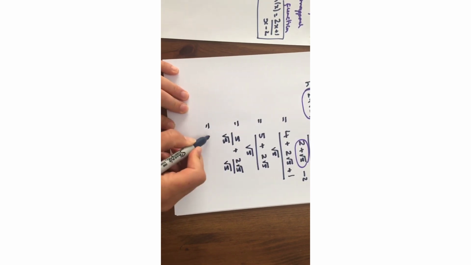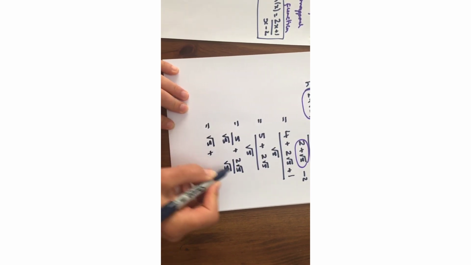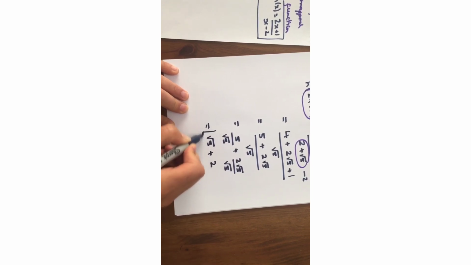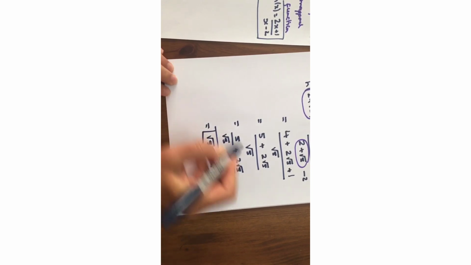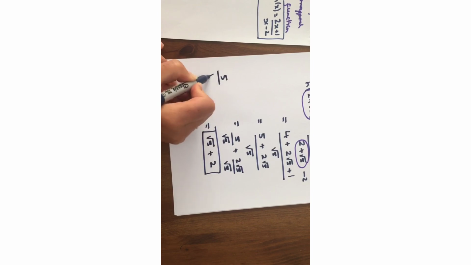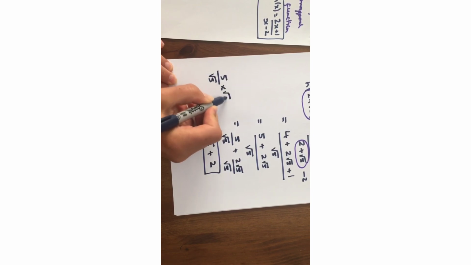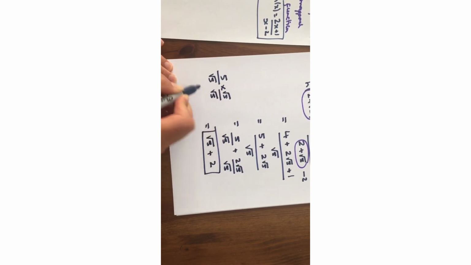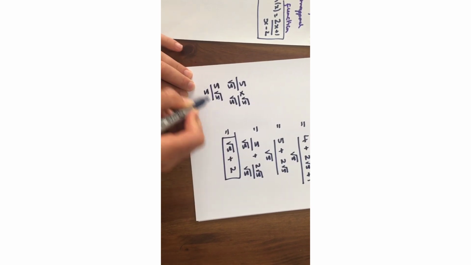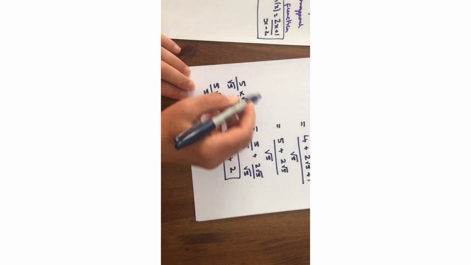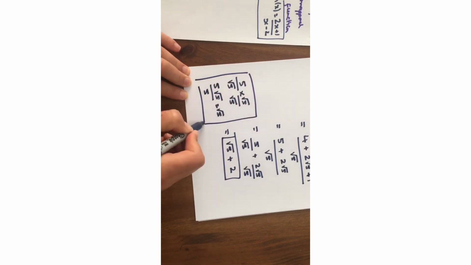Rationalise this, I'll just get root 5, plus the root 5s cancel. Just to show you the rationalising, times top and bottom by root 5, so I've got 5 lots of root 5 over 5, which is root 5. Bit of side working there.